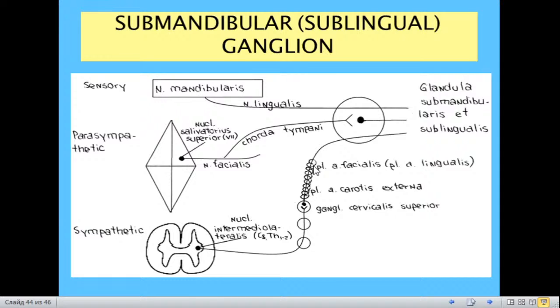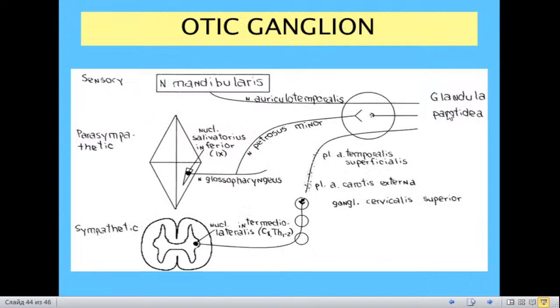If we talk about submandibular ganglion and gland, we mention arteria facialis. In case of sublingual ganglion with sublingual gland, we have to mention arteria lingualis. And fibers arising from this ganglion supply to respective gland.